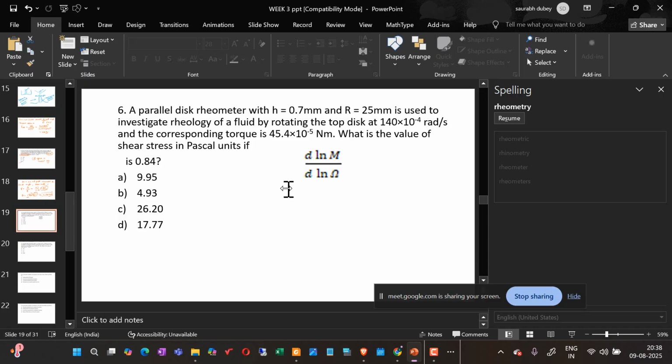What is the value of shear stress in Pascal unit?